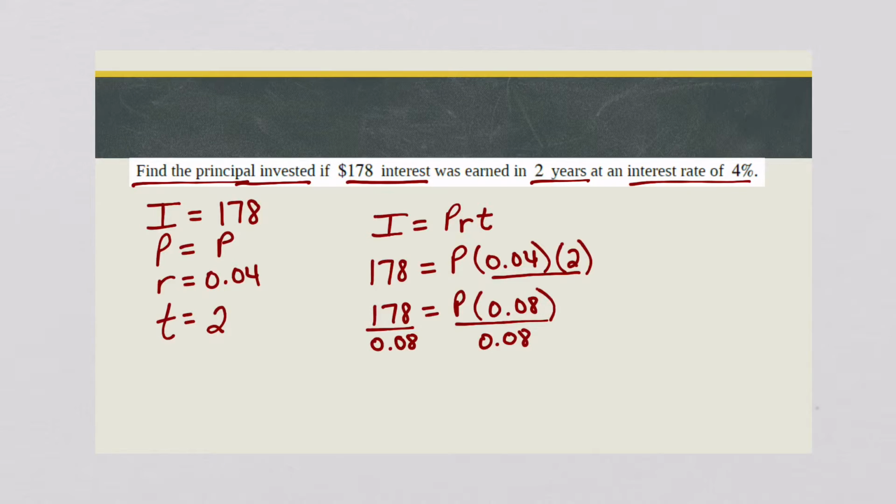You have to type the 178 in first. 178 divided by 0.08, and I get that P is equal to 2,225. So that is a principal amount of $2,225. If I invested $2,225 for 2 years at an interest rate of 4%, I would earn about $178 interest.